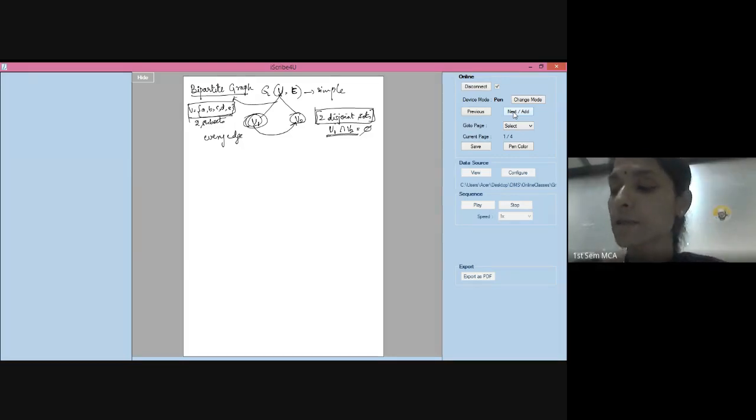Suppose A, B, C, D, E is my set of vertices. I am dividing this into two subsets, one is A, B, C, another is D, E. I should split it in such a way that they form disjoint sets. When I take the intersection of these two subsets, I should get the empty set.